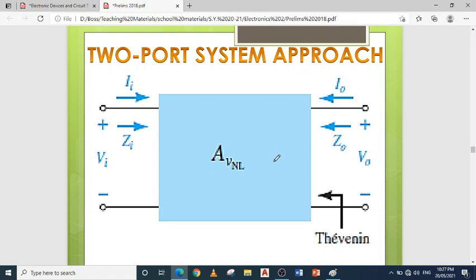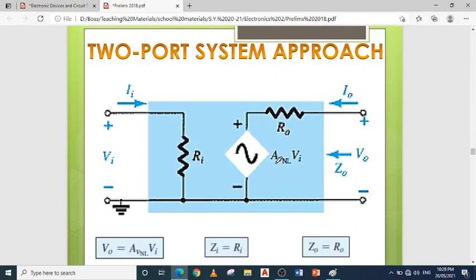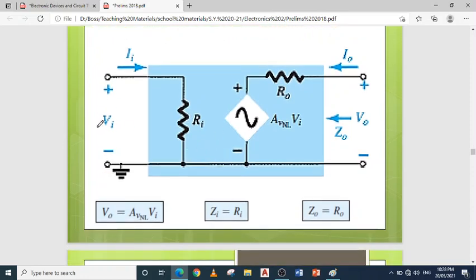The internal circuitry is this. What is this RI? It's not new. Our RI is the ZI we compute. RI is equal to ZI, and RO is the ZO we compute. ZI equals RI, ZO equals RO.